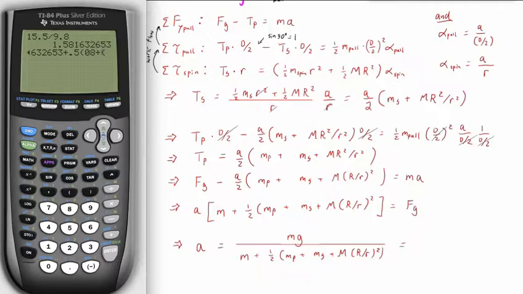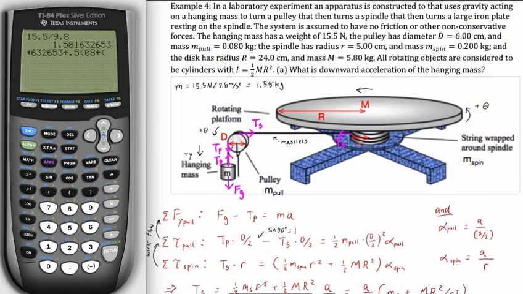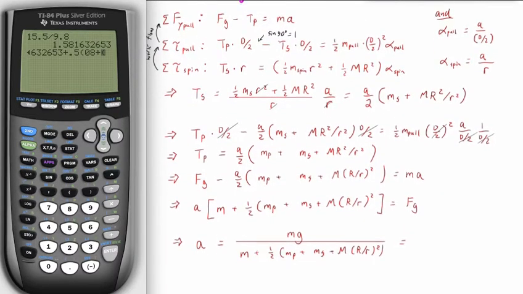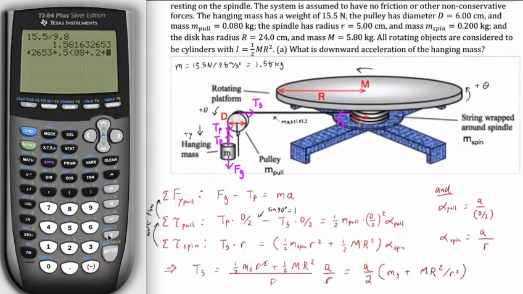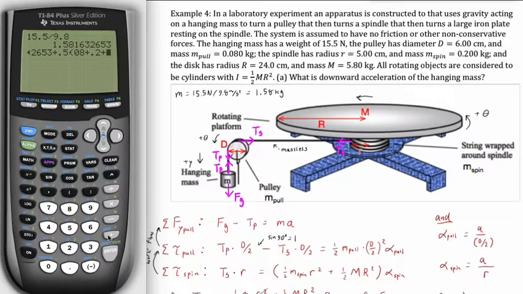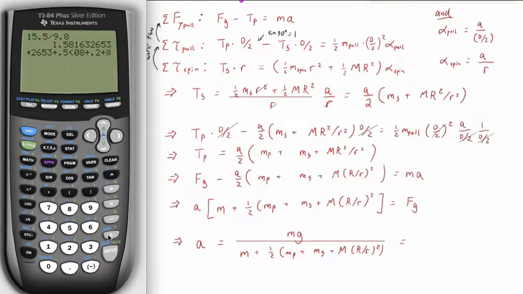Okay, so we had 0.08, so we're on to the mass of the spindle, which is given as 0.2. All right. So very light pulley, like a plastic pulley. The spindle's a little bit sturdier. Okay, and then plus, now the big mass. It's a whopping 5.8 kilograms, right? It's a big heavy disk.